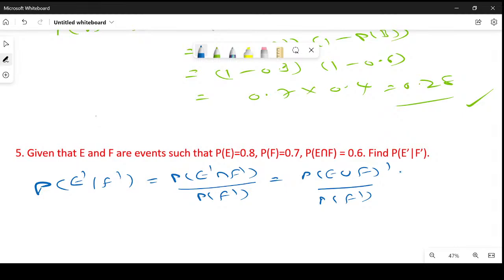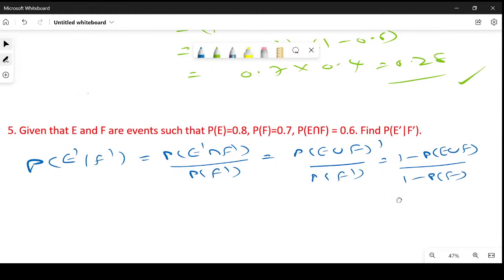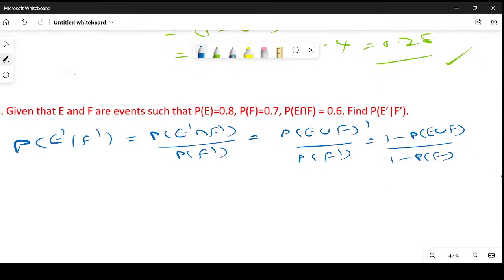P of (E union F) dash is 1 minus P of E union F, divided by 1 minus P of F. Because we know this probability. Let me consider this as equation 1.